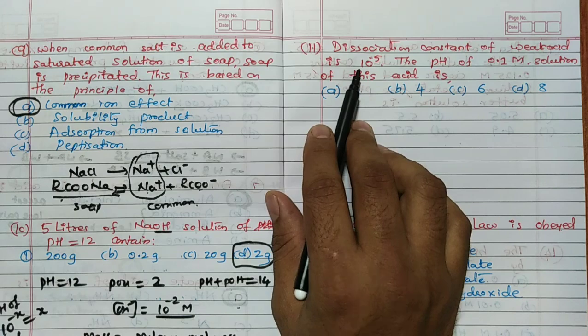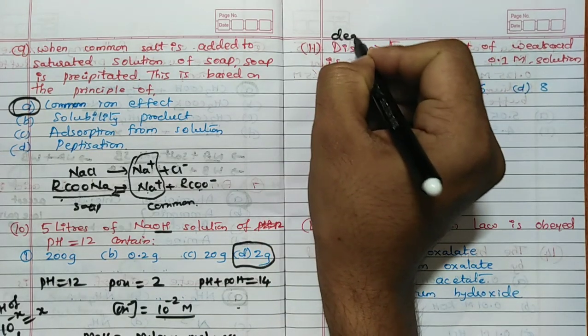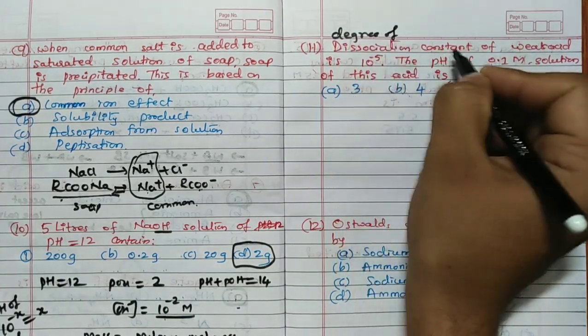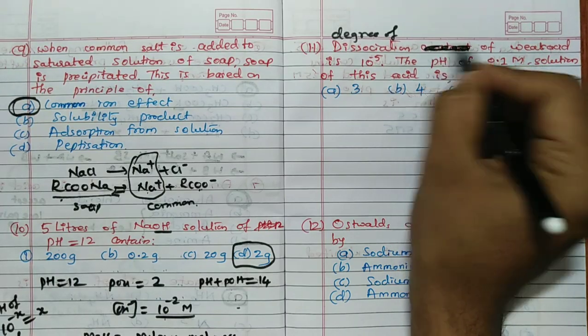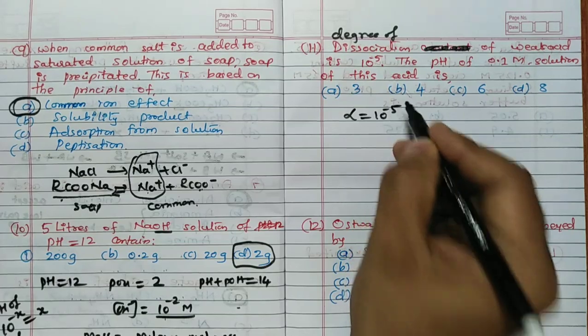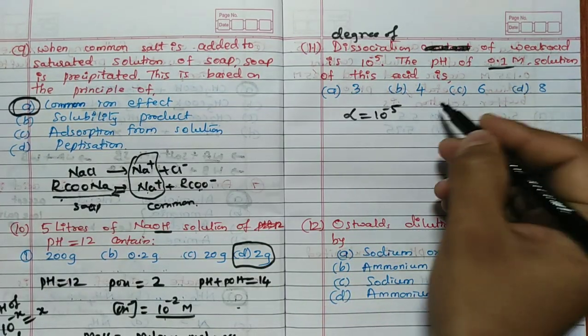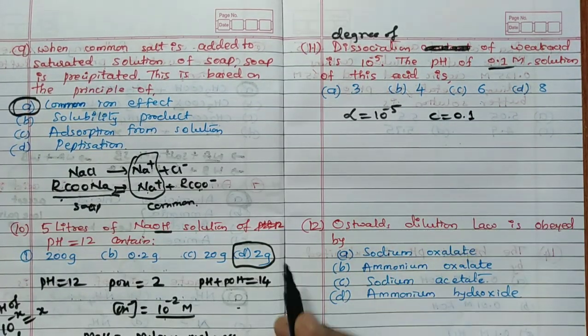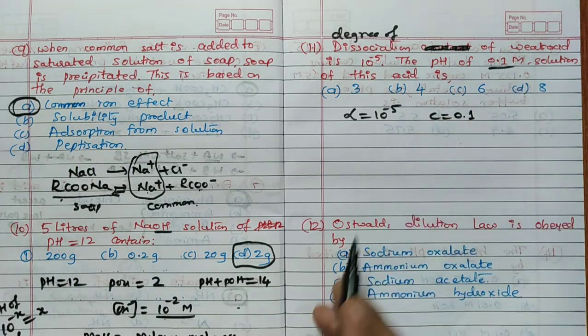So here something is wrong. Here the degree of dissociation of the weak acid is equal to 10 to the power minus 5, which means alpha is equal to 10 to the power minus 5. The concentration C is given. So, pH they are asking.